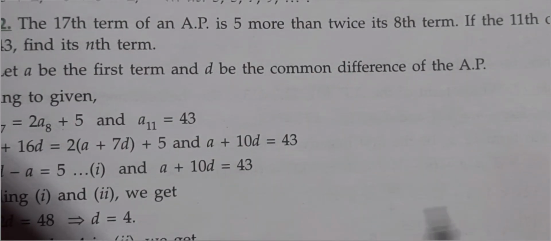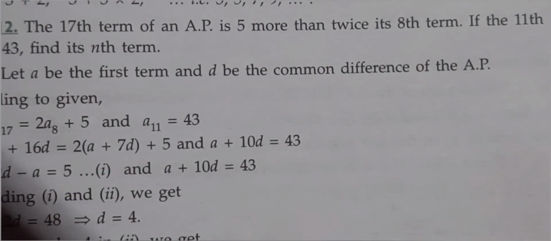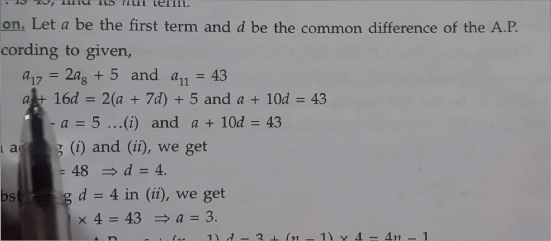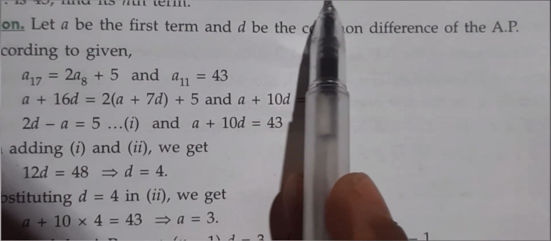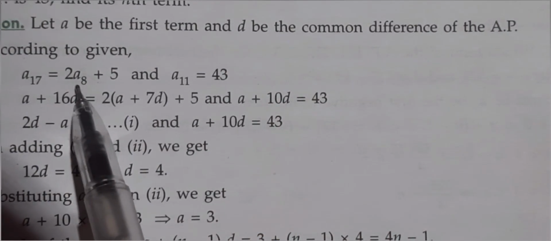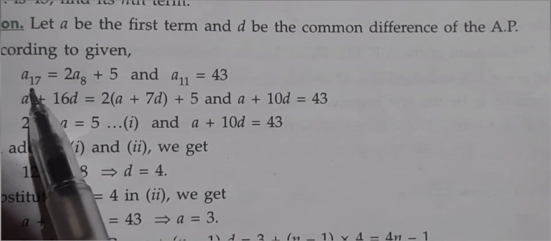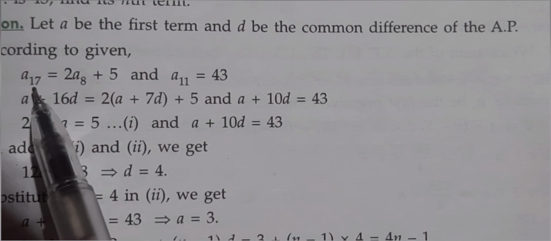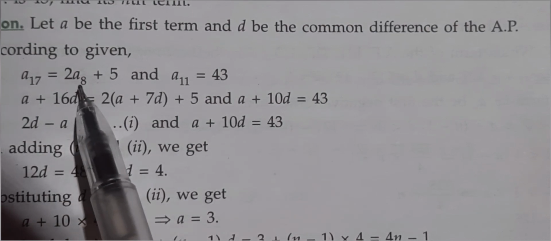Okay, so let us see what the equation is. Simply we'll write the 17th term: a17 of an AP is equal to 5 more than twice the 8th term, twice a8, plus 5. They're saying the value at the 17th place is 5 more than twice the value at the 8th place.